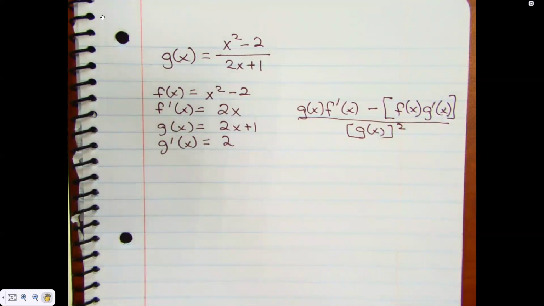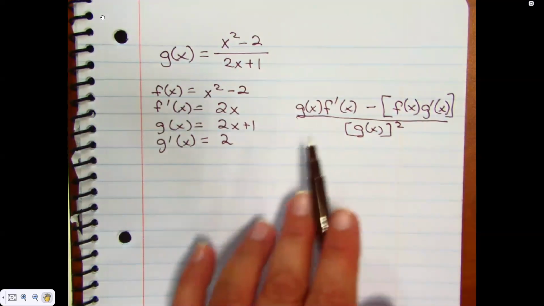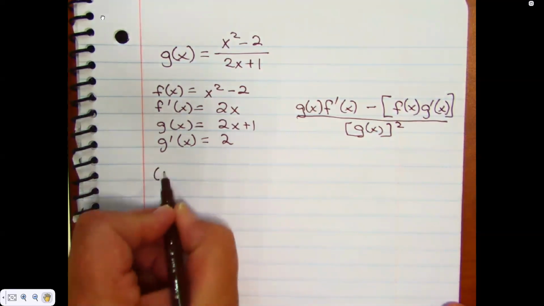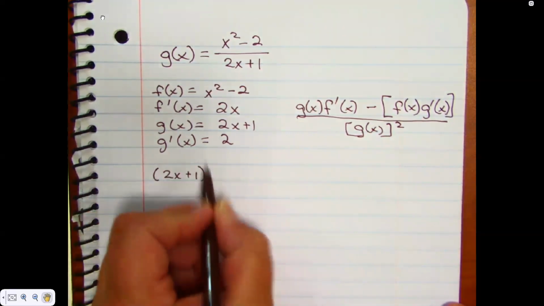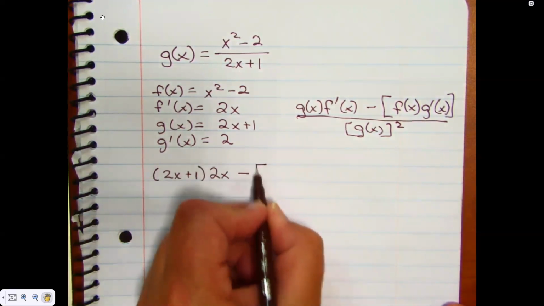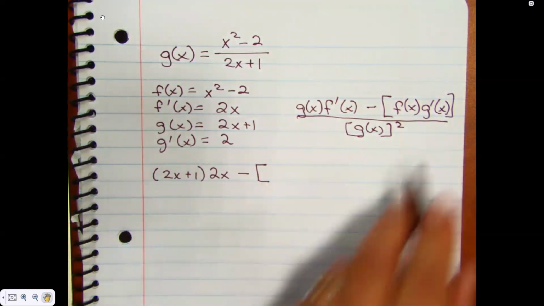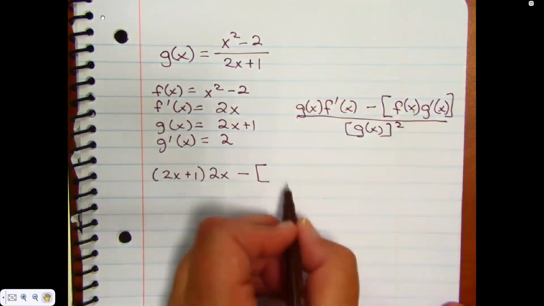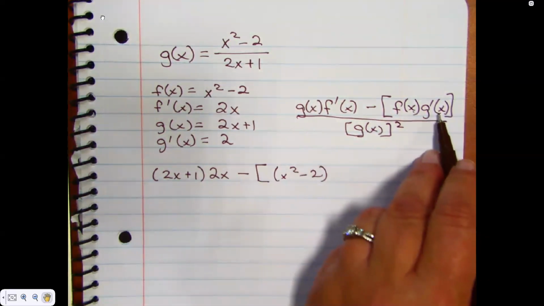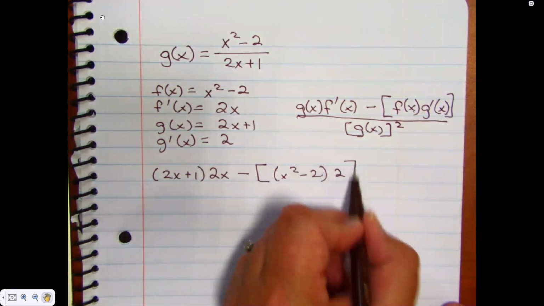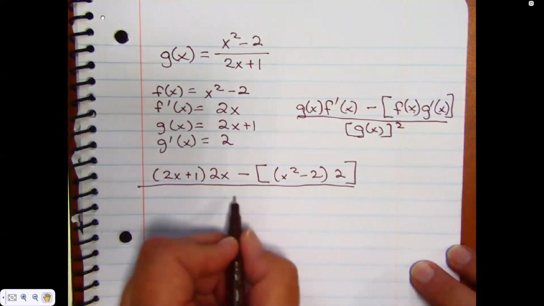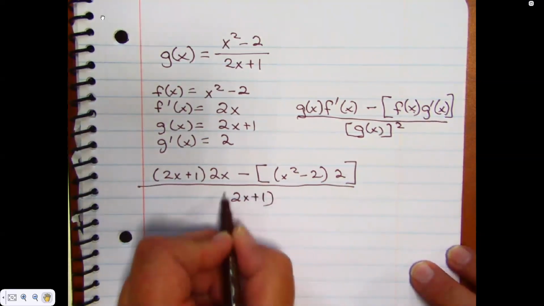Thank goodness, something we can leave. All right, so that, and then it's just a matter of plugging it in. G is 2x plus 1. Derivative is 2x minus bracket, and let's use those this time, x squared minus 2, and then the derivative is just 2. And then all over g, which is 2x plus 1 squared.